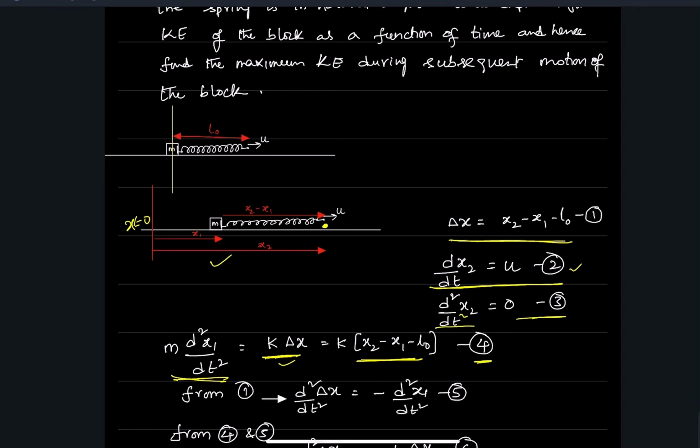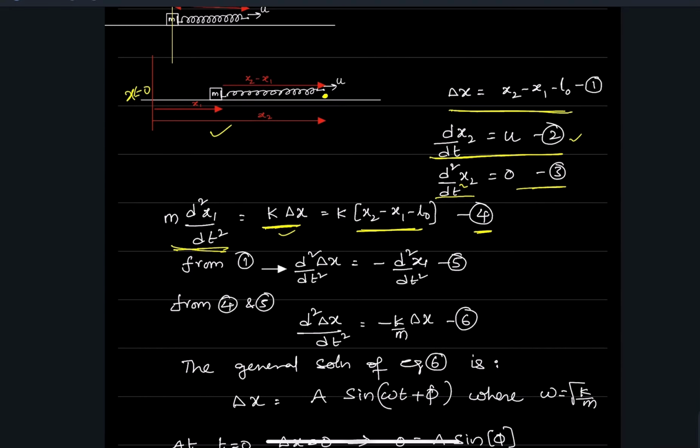Then from equation 1, if I differentiate twice, I get d square delta x by dt square equal to minus d square x1 by dt square, as the time derivative of x2 is u. If I differentiate again, this becomes 0 because the free end has 0 acceleration.